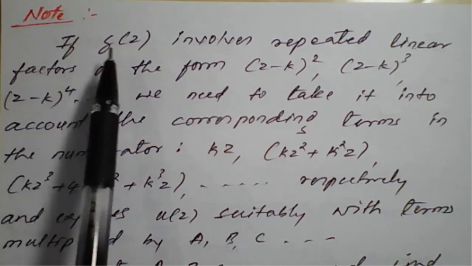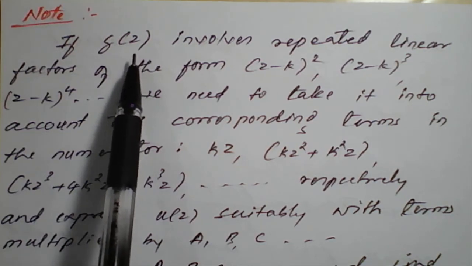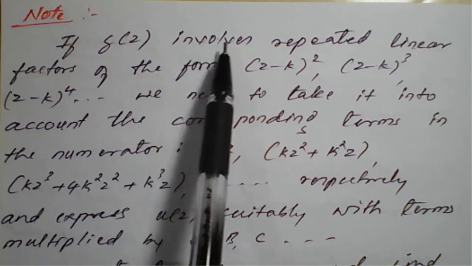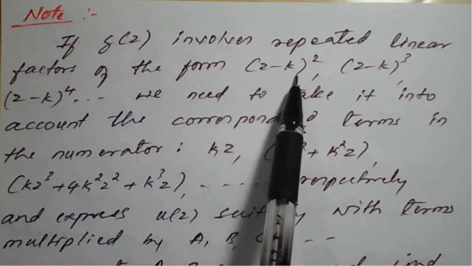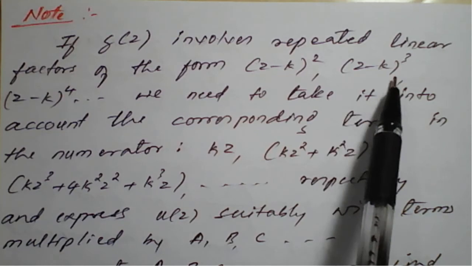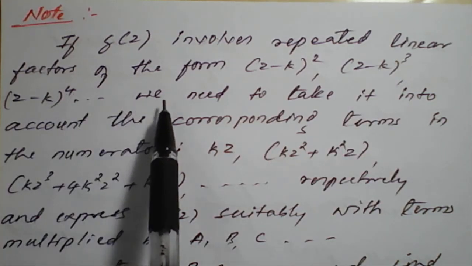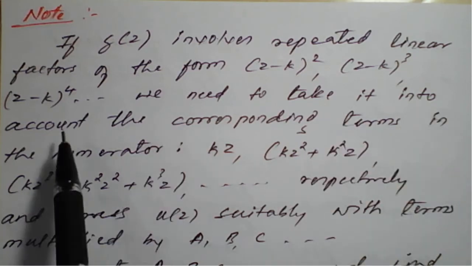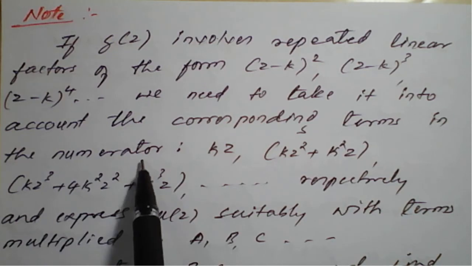Note: if g of z, that is the denominator of our U dash of z, involves repeated linear factors of the form z minus k whole square, or z minus k whole cube, or z minus k whole raised to 4, and so on, we need to take into account the corresponding terms in the numerator.